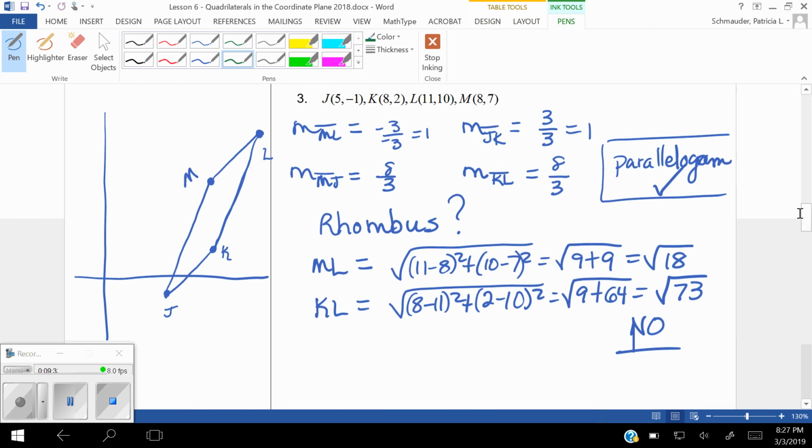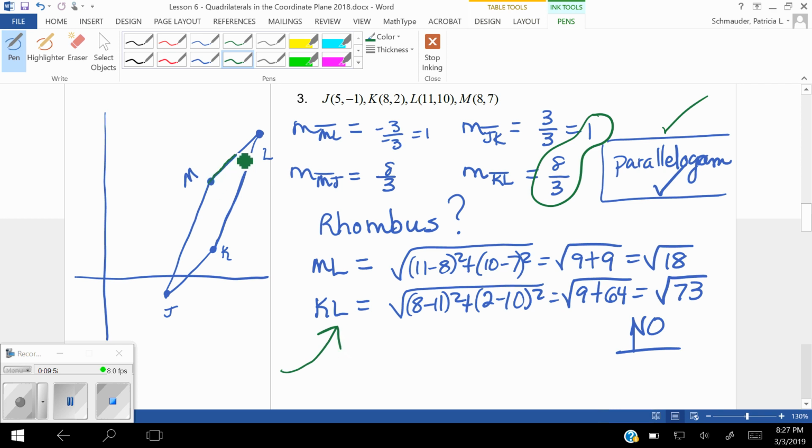Number 3, using the slope, I found that it is a parallelogram. Then I had to decide, is it a rhombus? Like the previous one, I know it's not a rectangle or a square, because these slopes are not negative reciprocals. Well, yeah, it looks like it's not a rhombus, but I have to prove that using algebra, so I used the distance formula this time to check the side lengths.